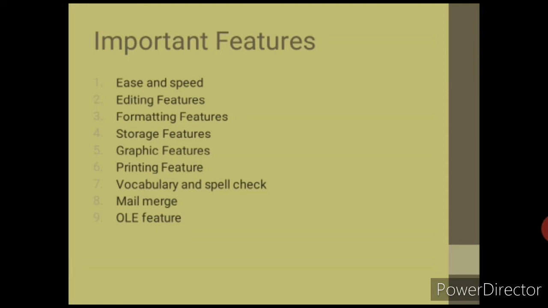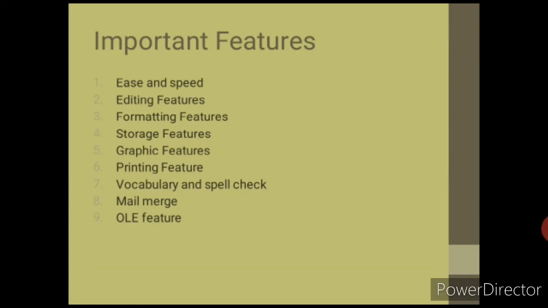Mail merge. Mail merge is a process where we can send the document to a number of people in the offline process, right? So that is the mail merge option. And the OLE feature. OLE means object linking and embedding. If you want to apply any kind of charts, charts appear in Excel only, but we are doing Word.